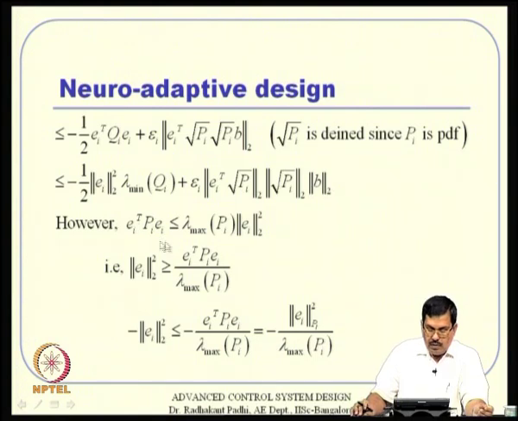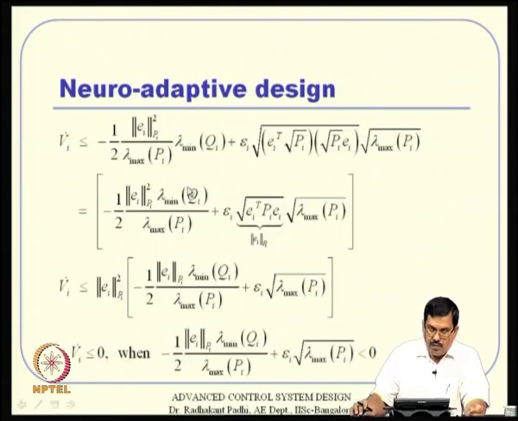So, this is also less than or equal to this particular term. So, we invoke that one also, and then say, if this norm what you see here is greater than or equal to that quantity, carry out this little bit of algebra with the Rayleigh inequality, matrix norm and all that, and then you say Vi dot is less than or equal to that particular quantity. It feels a little bit involved, but it is not once you sit down with the equations.